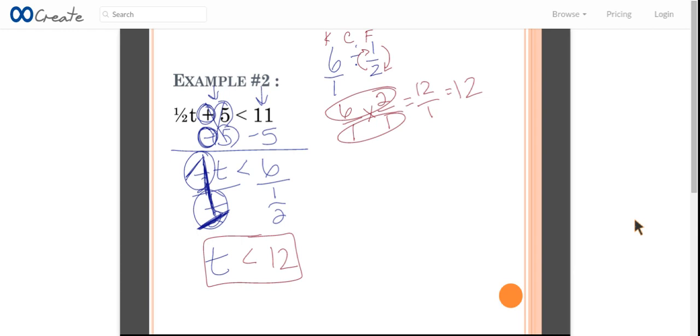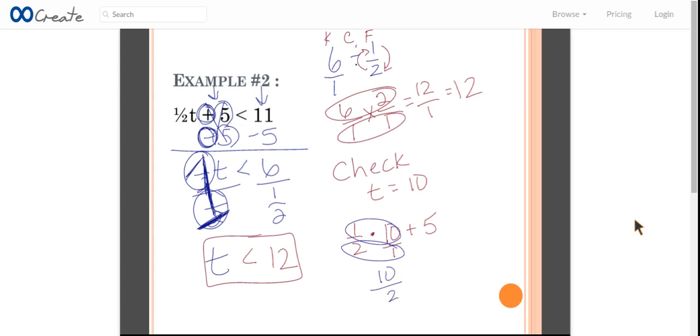So t is less than 12, so let's do a check and say, well, what if t was equal to 10? Okay, so 1/2 times 10 plus 5. Again, I'm going to put 10 over 1. I have my fractions, so I can do 1 times 10 is 10, 2 times 1 is 2.